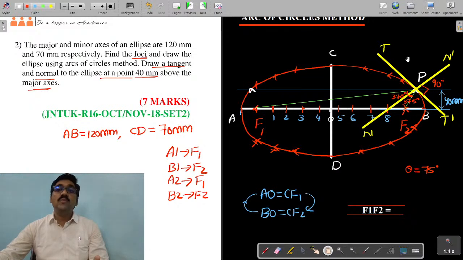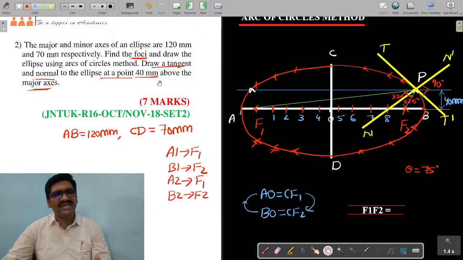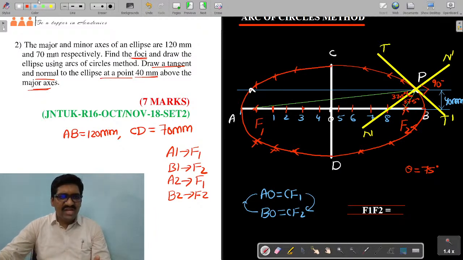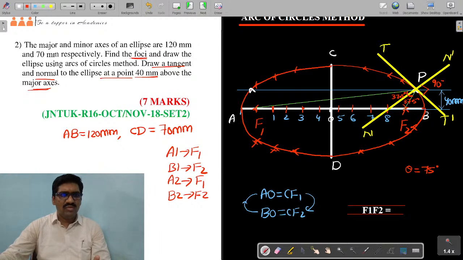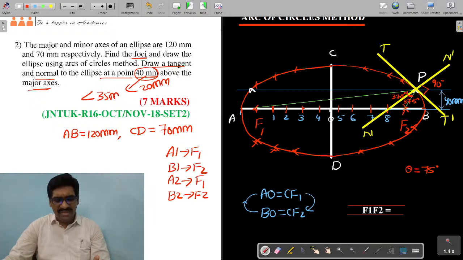You are asking how to mark it above 40. Yes, actually in the examination this one is given as a mistake. I can understand. This is actually a mistake, and 40 mm above the curve is impossible, we cannot draw the tangent. So this is a mistake. Actually this will mostly be 20 mm, or we can say it will definitely be less than 35 mm. Nitin Kumar, I hope you understand.